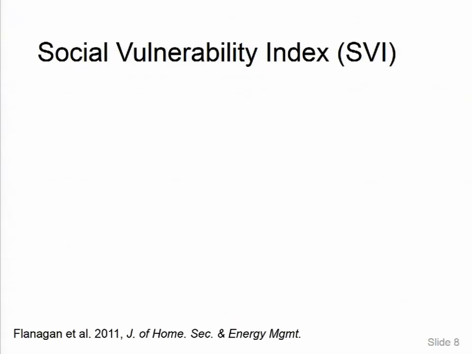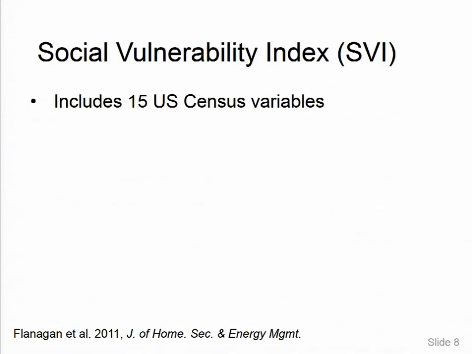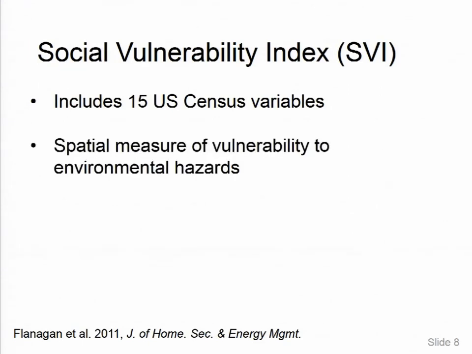For the Social Vulnerability Index, there are many different ways to calculate this, but the one that we used was developed by Flanagan and others, and includes 15 different census variables. It's commonly used to identify and serve communities that are likely to have a limited capacity to prepare, respond, recover, and adapt to climate change and other environmental hazards.